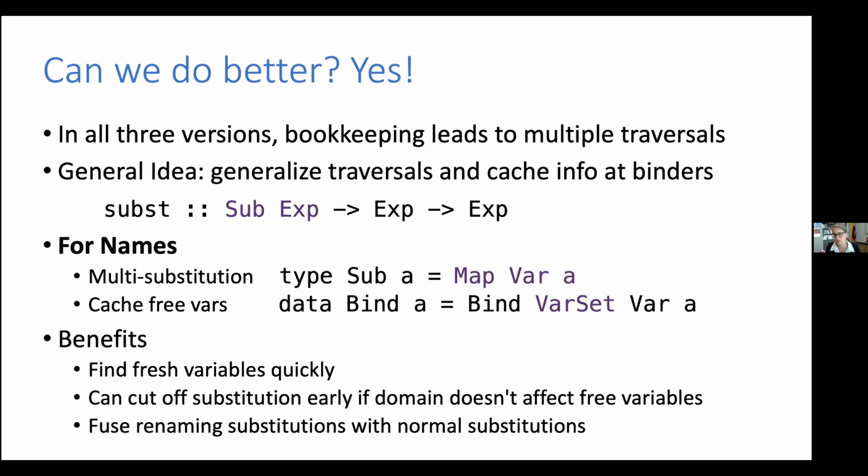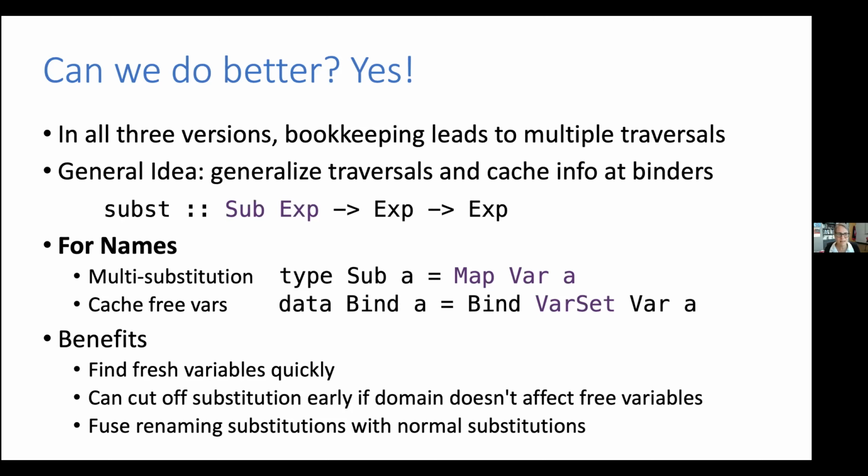We just have to go until we find the binder, and then it's cached there for us. But it also helps us cut off substitution early. We can tell when we don't need to traverse and substitute inside of a binder, because we know this set of free variables that could be substituted for. So these are some ideas that you could think of to optimize a named based representation.